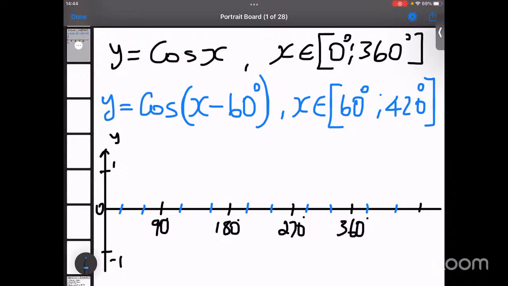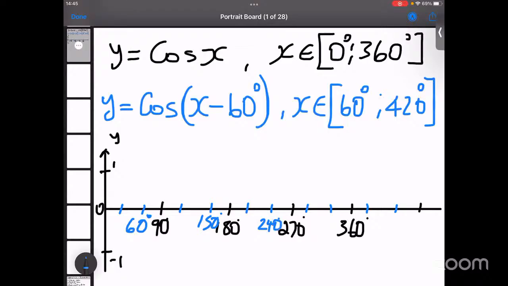remember, we say it has to start from 60 because it has shifted by 60 degrees to the right. So to find the critical points, it will be 60 that you add that critical value to. It moves from 60 to 150 degrees. You add that same 90, it goes to 240 degrees.